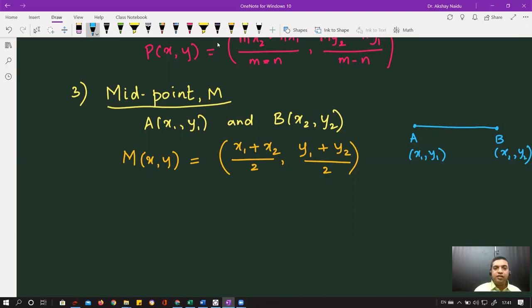So the midpoint M divides AB in the ratio 1:1. Midpoint is exact division, the exact center point. So it divides the line joining AB in the ratio 1:1.